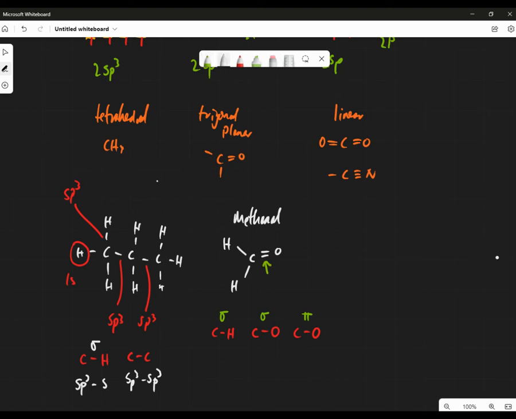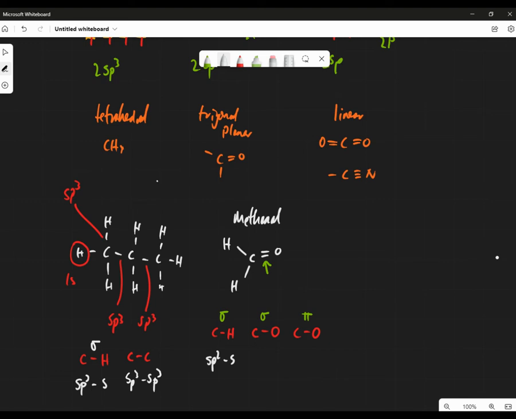What is the hybridization about the carbon-hydrogen? Well, if you look at the carbon, it has trigonal planar molecular geometry. So it must be sp2, coming from the carbon. Now the hydrogen is going to supply the s, one s orbital, and it's an overlap of an sp2 and an s.